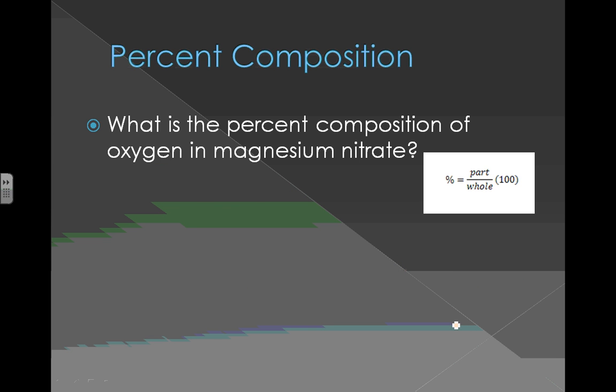Let's do another problem. What is the percent composition of oxygen in magnesium nitrate? The first step is to find out what the formula of magnesium nitrate is. If you look on your periodic table, the symbol for magnesium is Mg, and since it is in group 2, its oxidation number will be 2+.